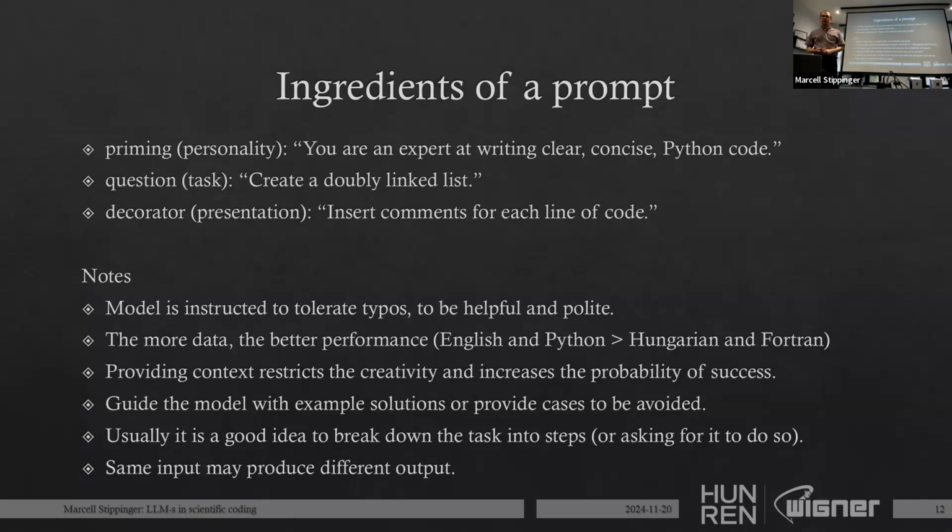Another thing to consider is that the models were trained on data. So if there was more data, then the performance will be better. So using the English language for the prompts and writing code in Python will perform better than using Hungarian and asking for a Fortran code.